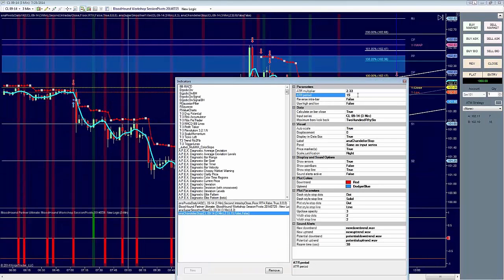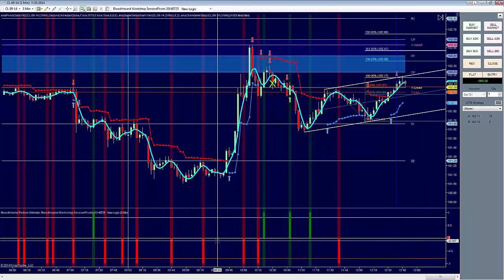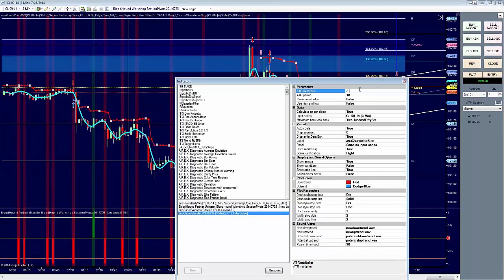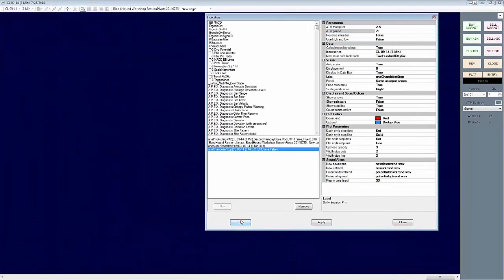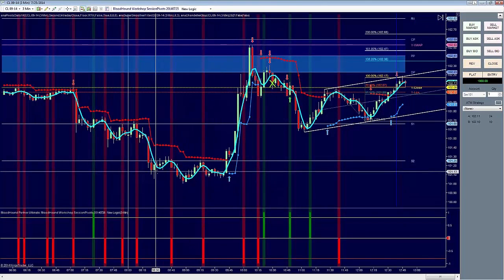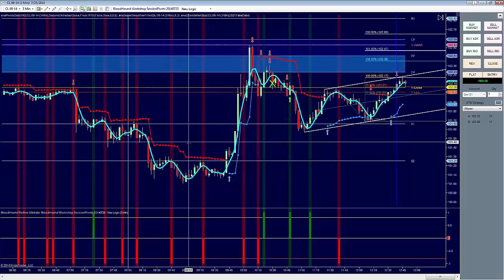Let's give it one more try here. All right, we'll get it. There we go. Good enough. So this is the chandelier stop. You get this from my website for free as well.